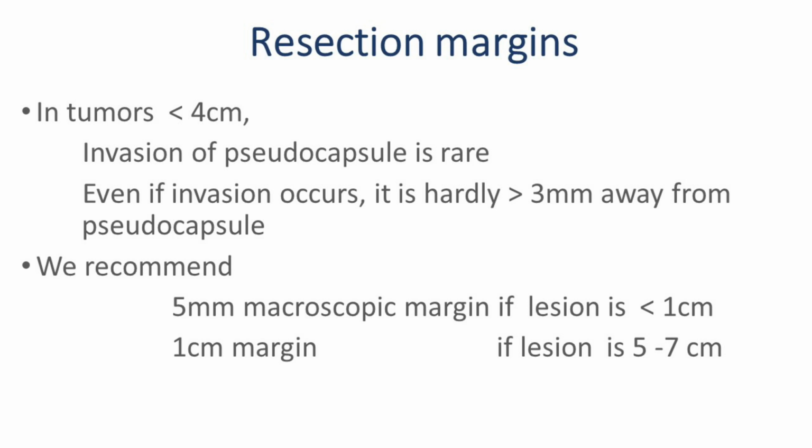In 97% of tumors 4 centimeters or less in size, even when breached, malignant cells cannot be found more than 3 to 4 millimeters beyond the level of the capsule.